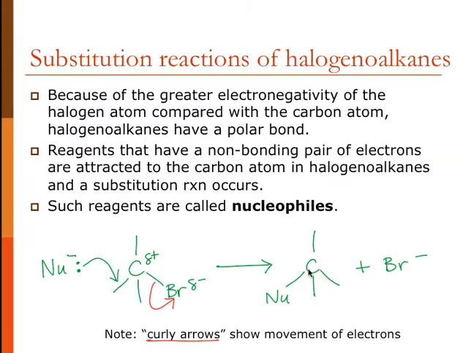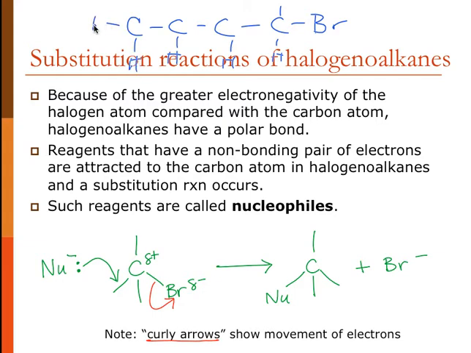So let's talk first about the substitution reaction when we are dealing with halogenoalkanes. Halogenoalkane really just means that I have a chain of carbon, and somewhere I've got a halogen attached to it.